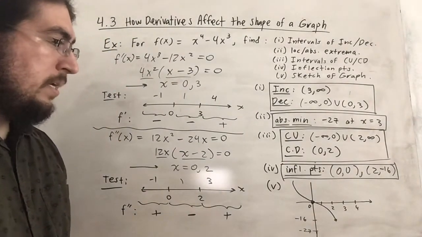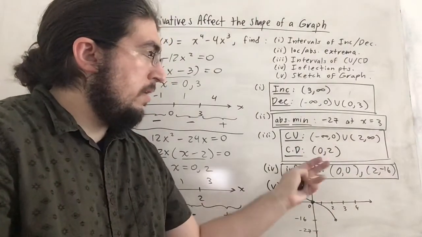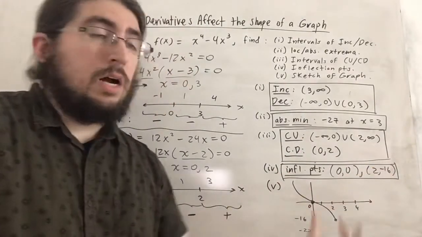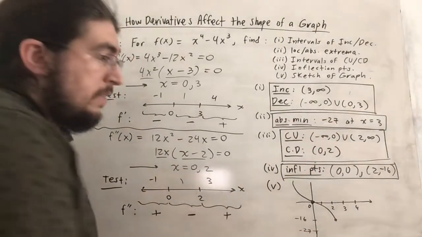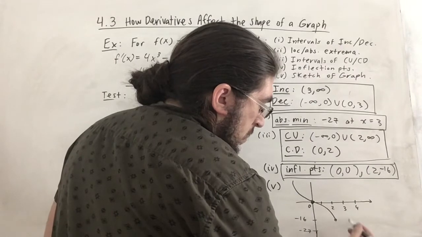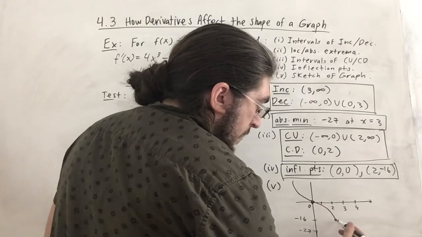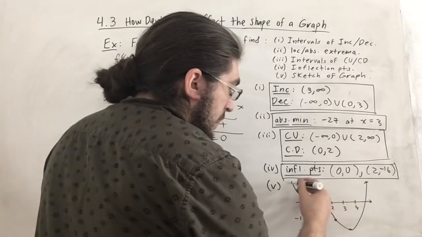Good. Now at this point, there's a change in concavity, so now instead of concave down, from 2 to infinity, now it's all concave up. And at 3 comma negative 27, there's a minimum. So let's just say this is the point here. So now it's concave up, and then it continues to be concave up.